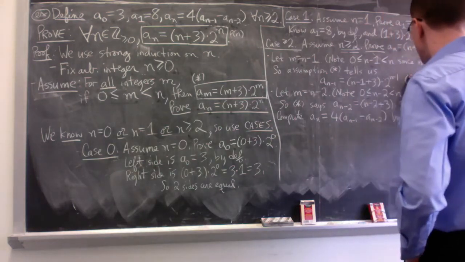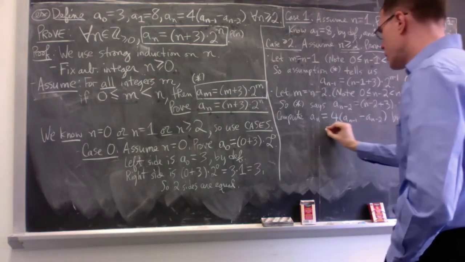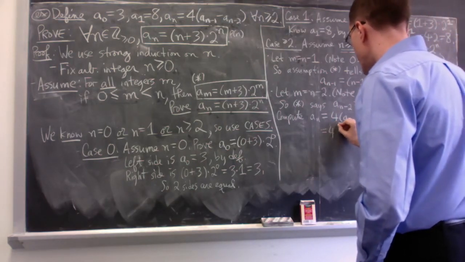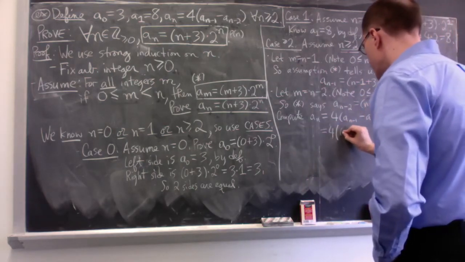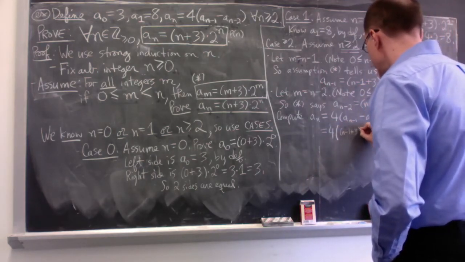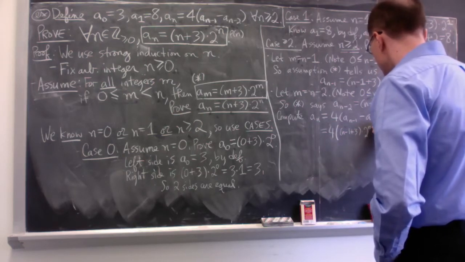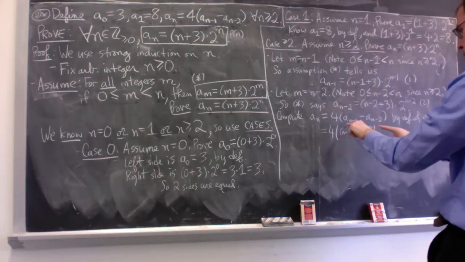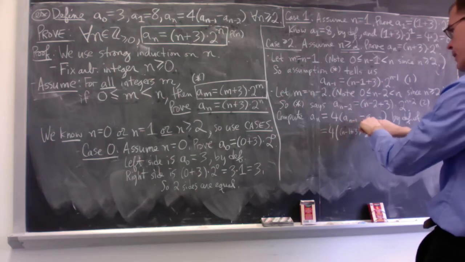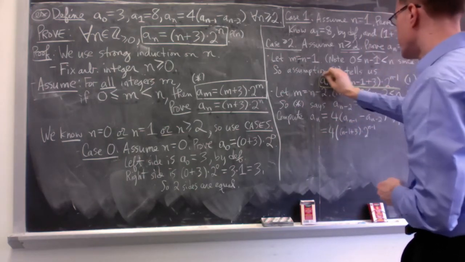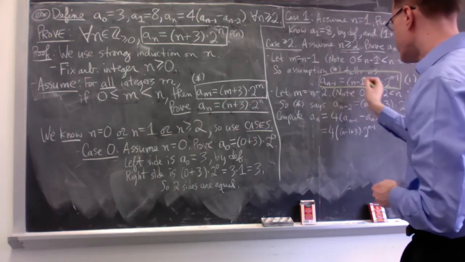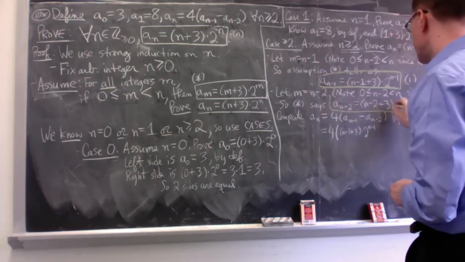Then, if I number these 1, 2, I can keep going by putting in these guys. So n minus 1 plus 3 times 2 to the n minus 1 is what this is, minus, maybe I should circle these guys to help you see them. Now I've just obliterated everything, but oh well.